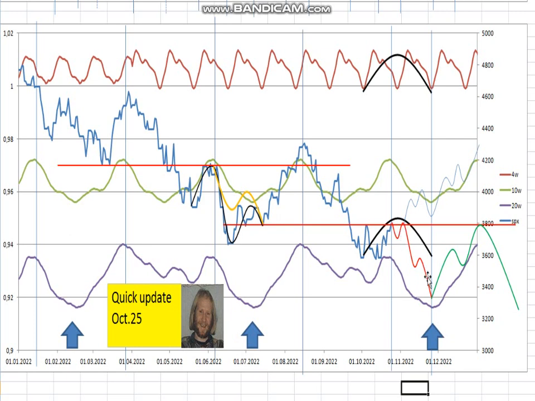So given my bearish bias, what should happen is we should make some kind of a top around the Fed decision, and then we should break down into my target for this 20-week cycle low, and it will also be a 10-week cycle low, and it will be a 4-week cycle low.